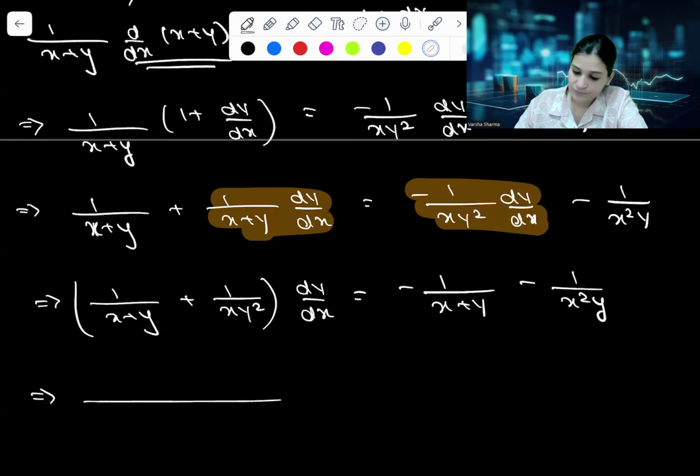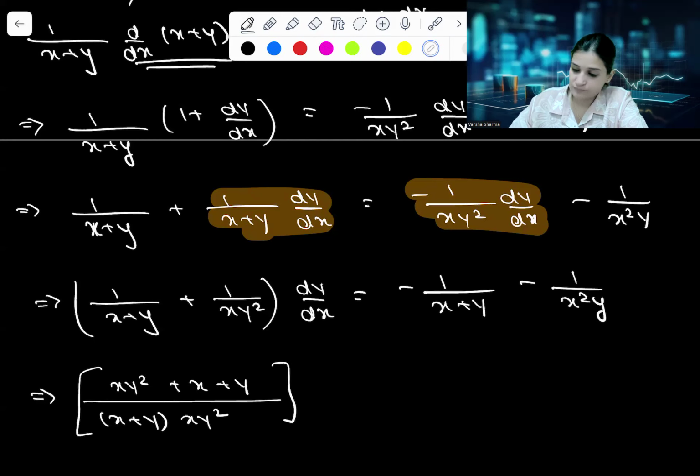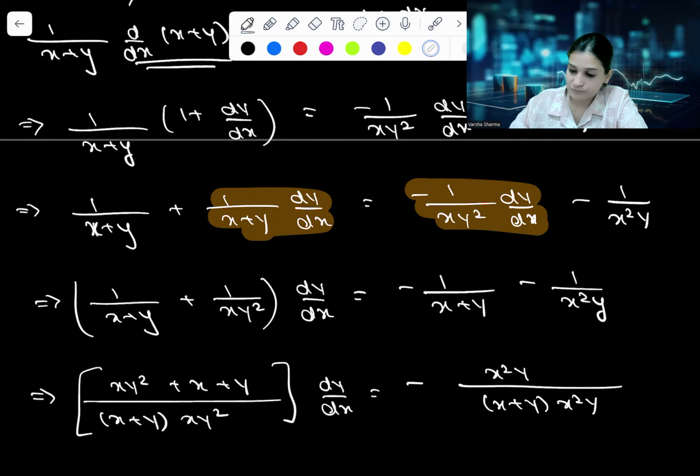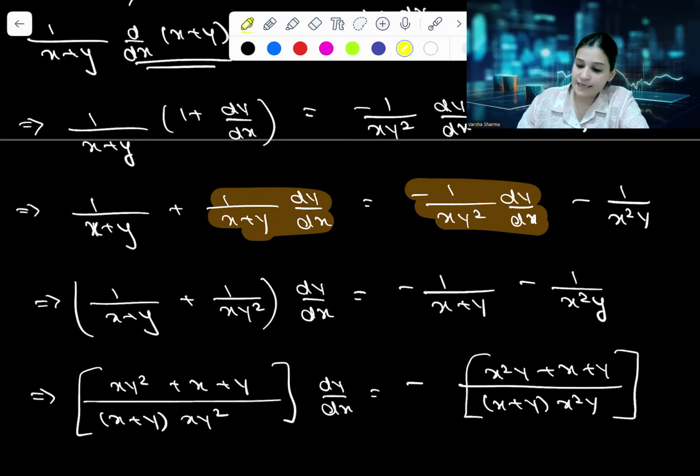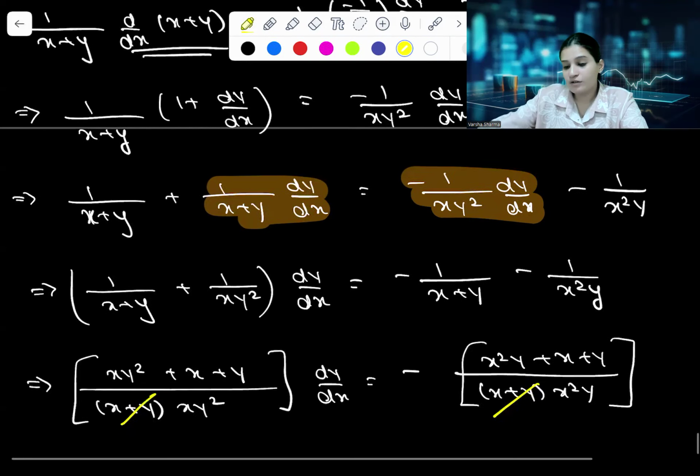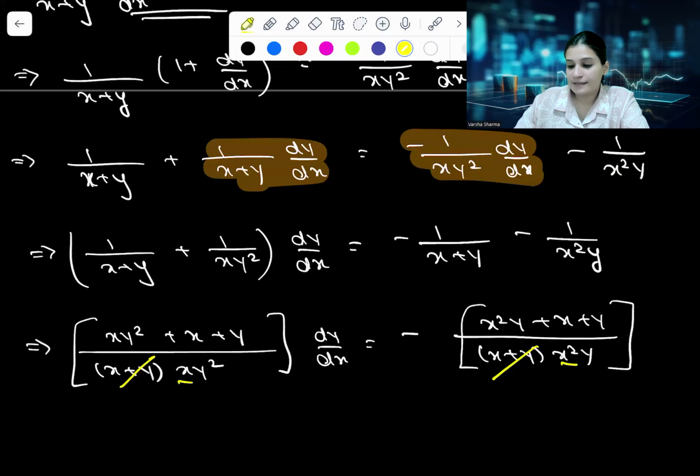LCM: x plus y, xy square. Taking minus common, now taking LCM. So from both the sides, we can cancel x plus y, x plus y. We can also cancel 1x and 1y from the denominator.